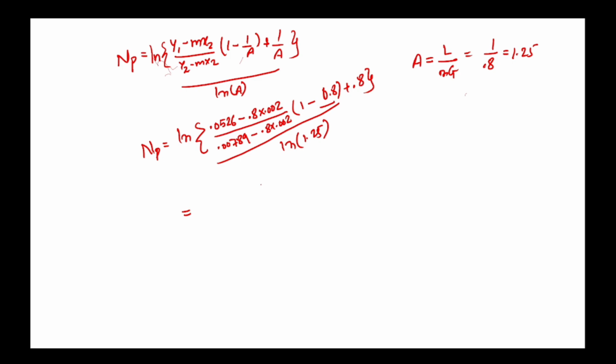So it will have 1 minus 0.8, that is 0.2 into 0.0526 minus 0.8 into 0.002, divided by 0.00789 minus 0.8 into 0.002 plus 0.8 ln divided by 1.25 ln, which gives 3.96.